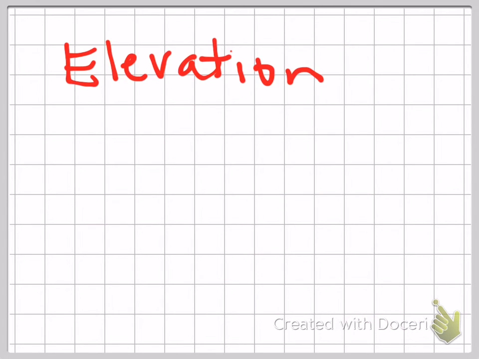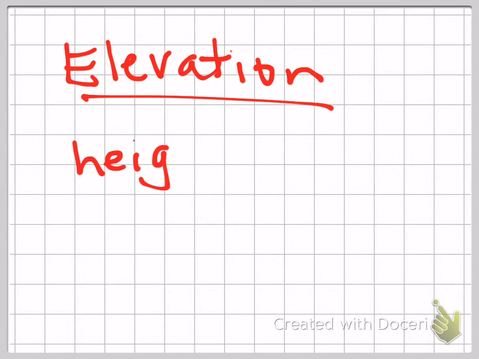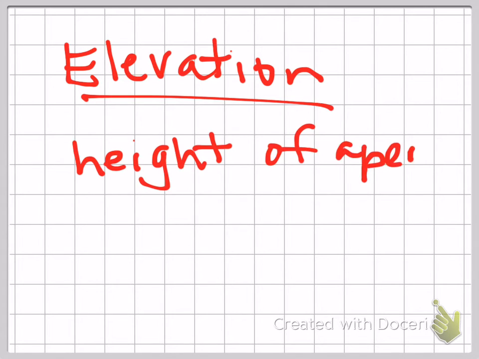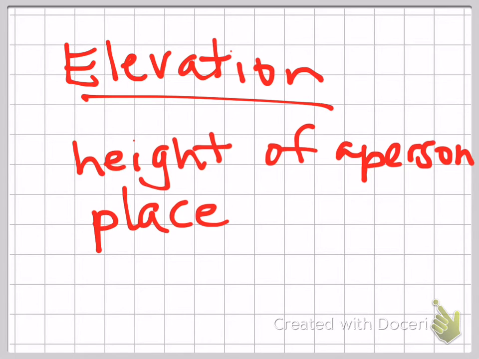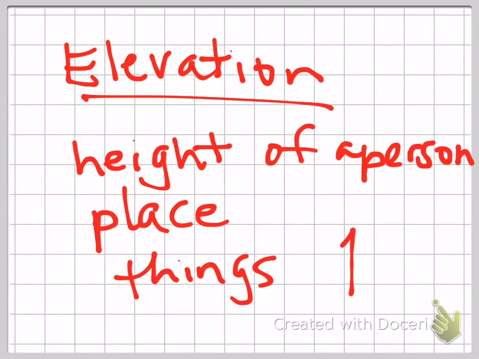Other real world examples could be how tall people are, like I said, the height of a person. We can also describe where places are located, or things that can be referenced as higher or lower than a certain reference point. So the reference point would be the middle point, and those are some examples of that.